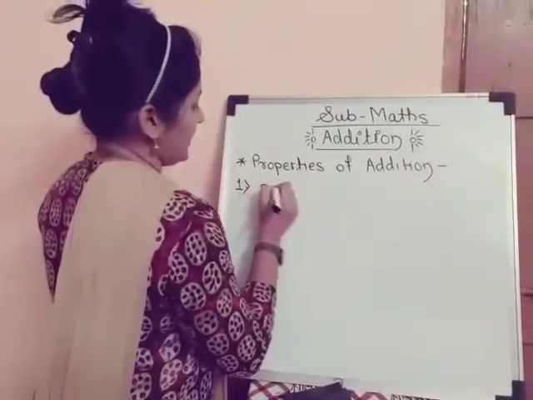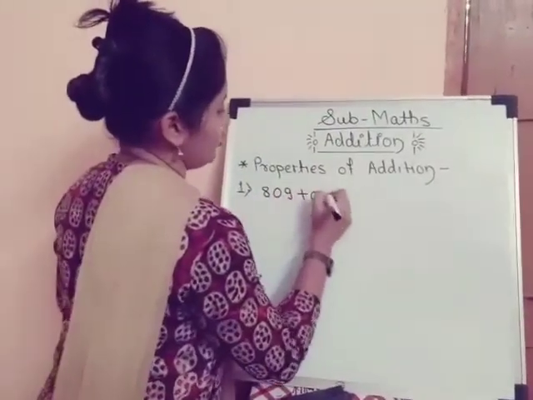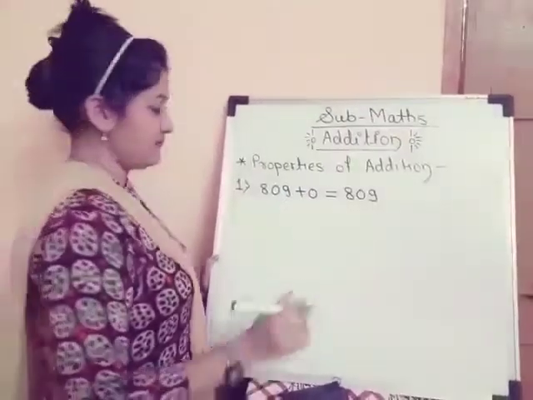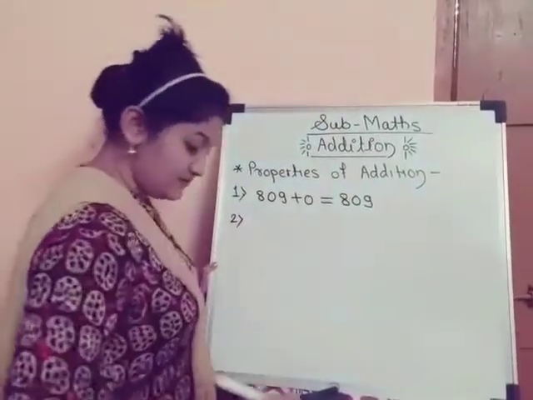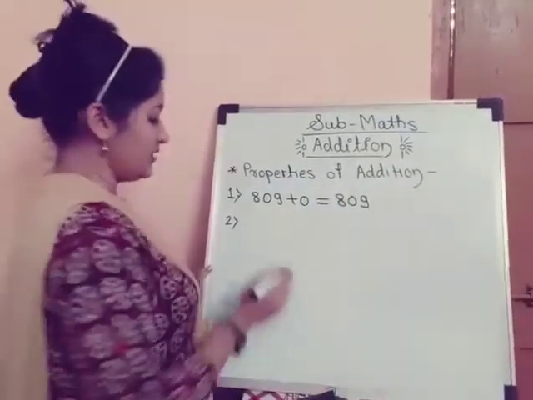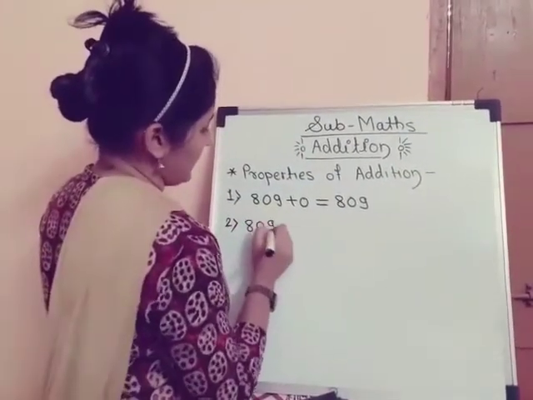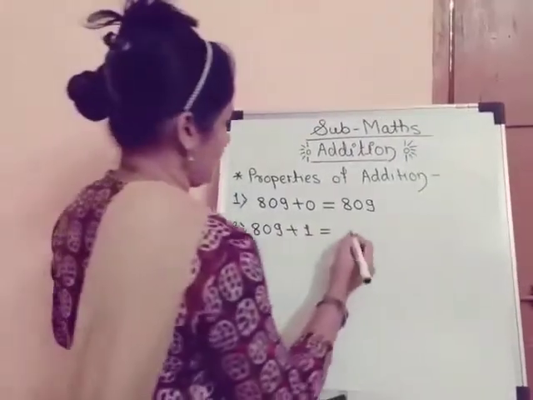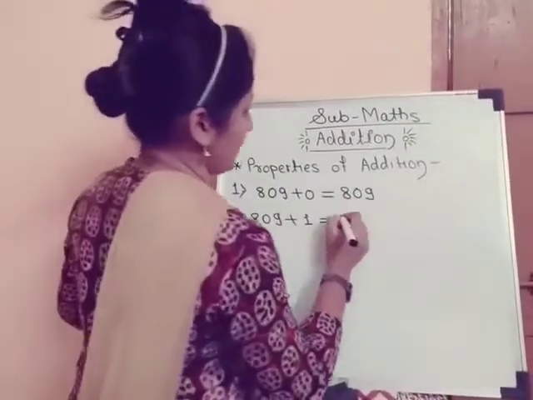Like if you are adding 809 plus 0, the answer will be 809 as it is. Second property is, if you add 1 to the given number, like 809 plus 1, you will get the successor of the number. Like 809 plus 1 is 810.